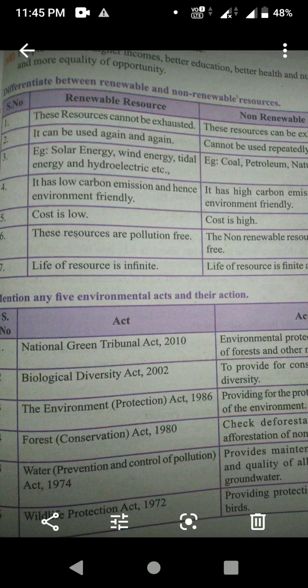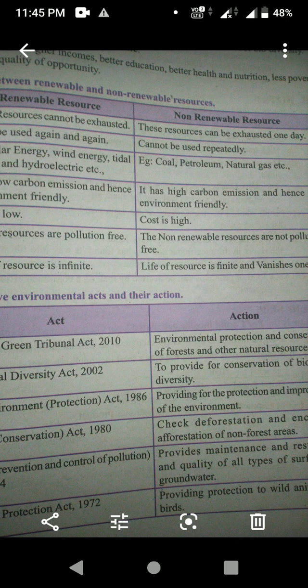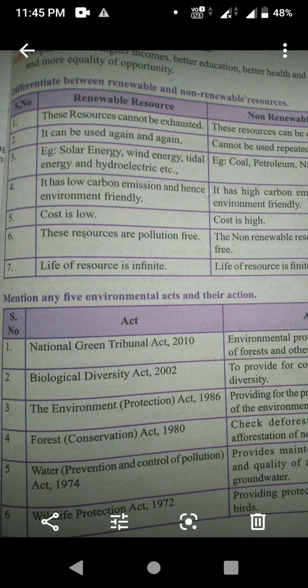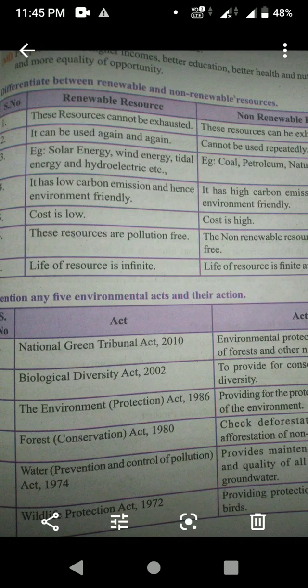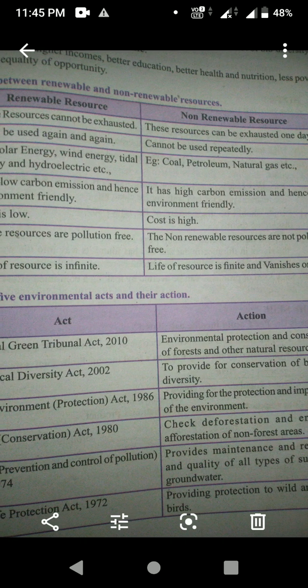Renewable resources cannot be exhausted; non-renewable resources can be exhausted. Renewable resources can be used again and again; non-renewable cannot be used repeatedly. Example, solar energy, wind energy, tidal energy and hydroelectric energy; example, coal, petroleum and natural gas.